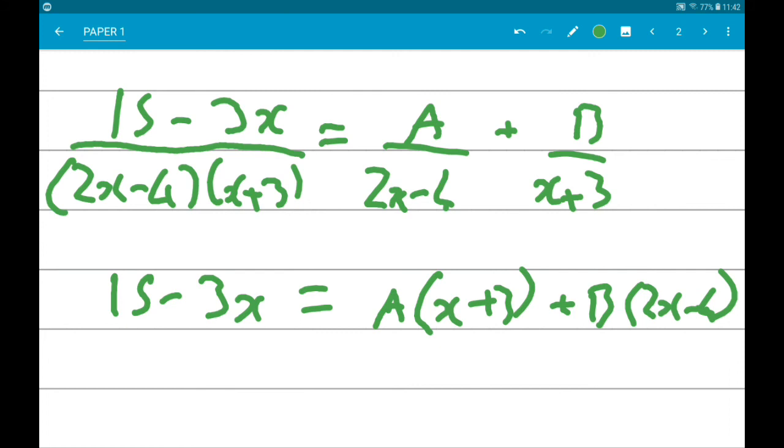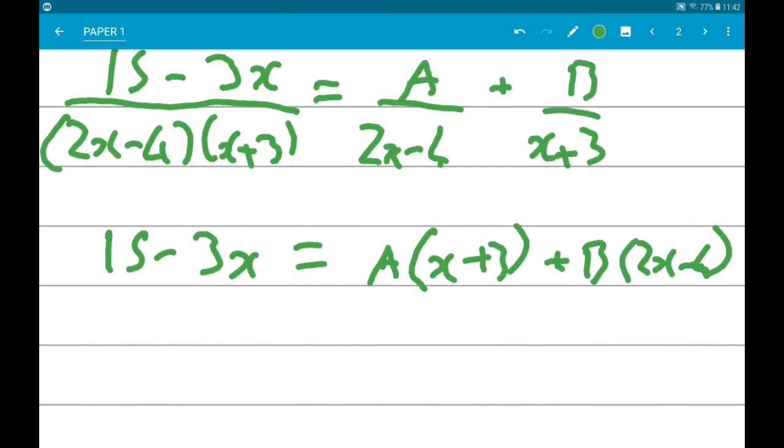Alright, now let's choose a clever value to make b disappear. So that would be x is 2. So on the left, we're going to get 15 minus 6, which is 9.